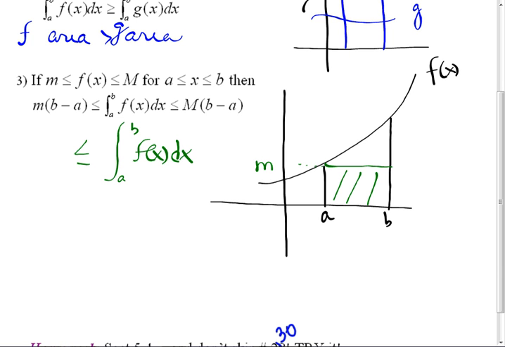And what is that rectangle? It's m times b minus a. Make sense? This area under my curve is bigger than the green area. Yep. This would be the maximum. We're just doing rectangles. It's a comparison.